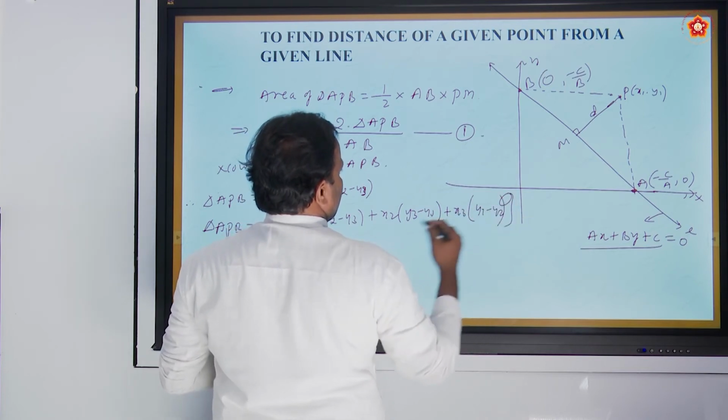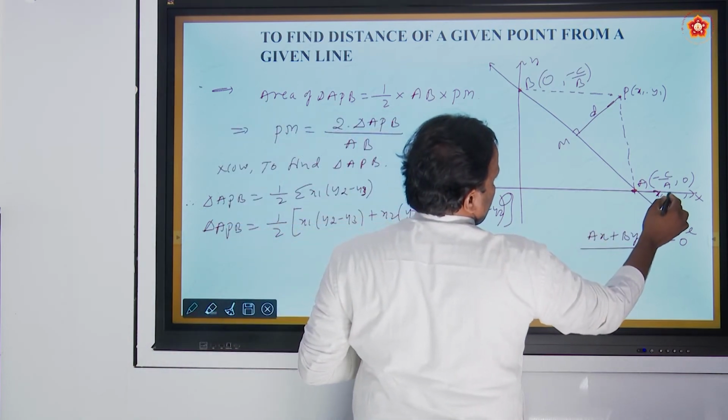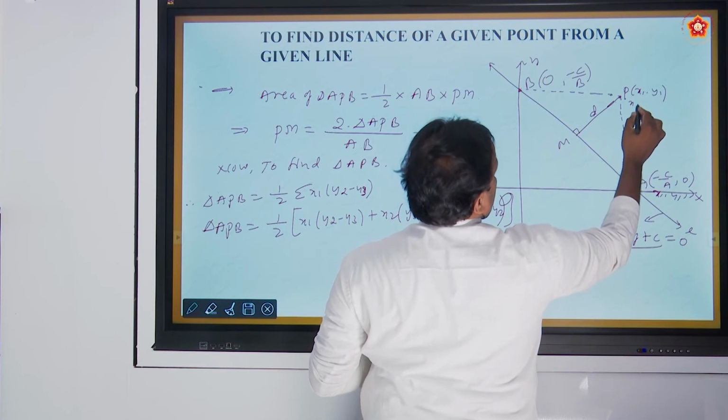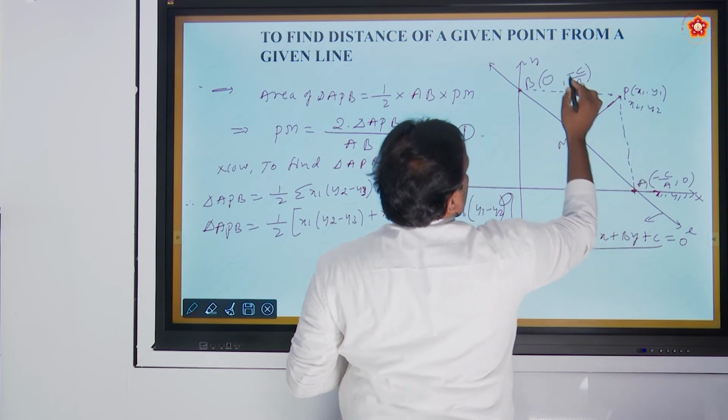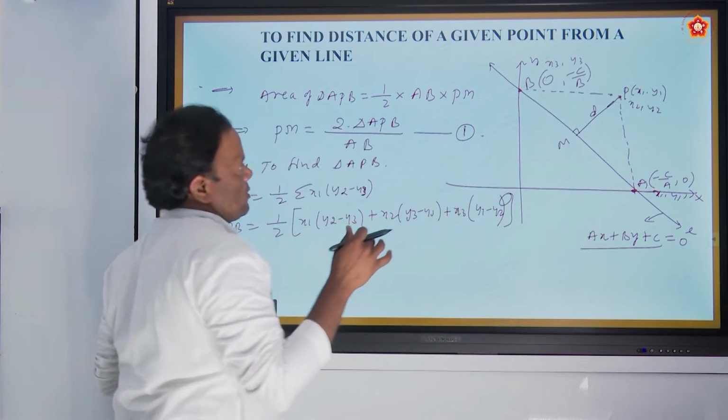This is the formula. Okay. So A point is x1 y1, this point is x2 y2, this point is x3 y3.